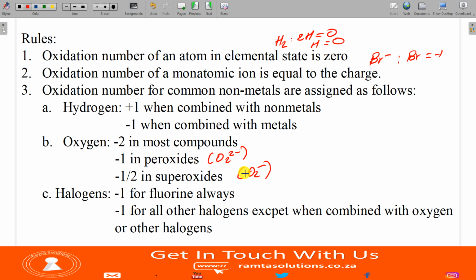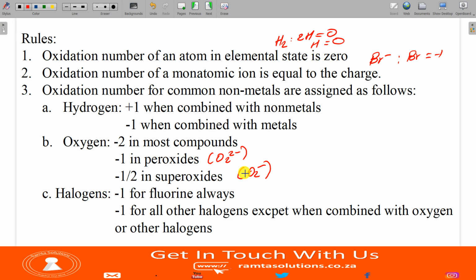Now let's look at the halogens. For halogens, it is always negative. For fluorine, it's always -1. Repeat, for fluorine, it's always -1. And then you say, what about other halogens? Other halogens will always be -1 except when combined with oxygen or other halogens.